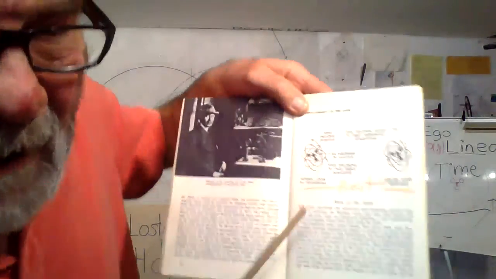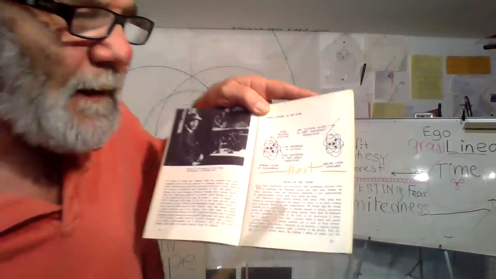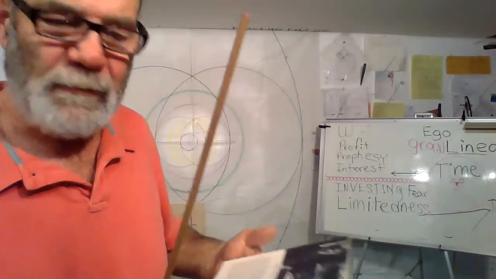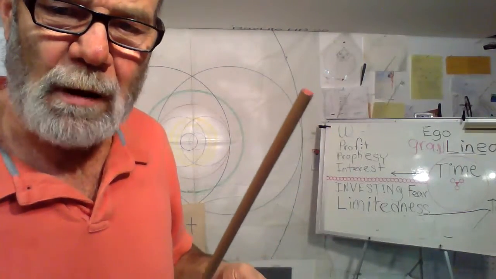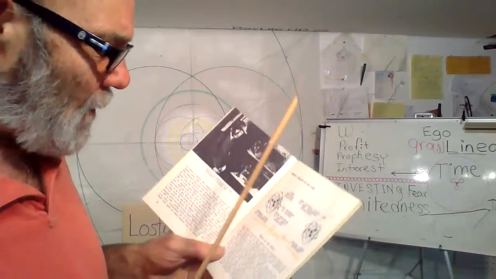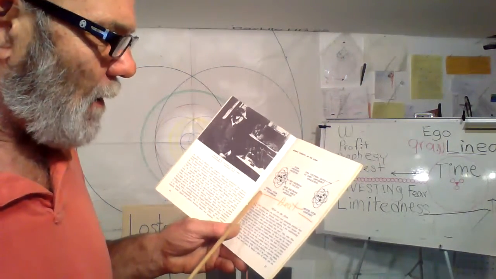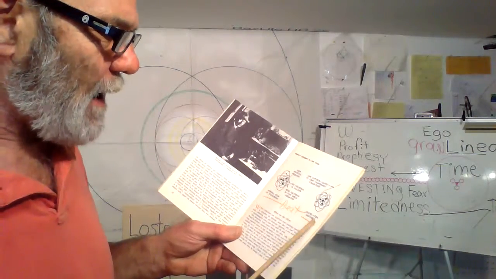This is about the atomic theory, the Rutherford model that was preceded by the plum pudding model. And here they're talking about equilibrium and a normal atom and a heated atom.